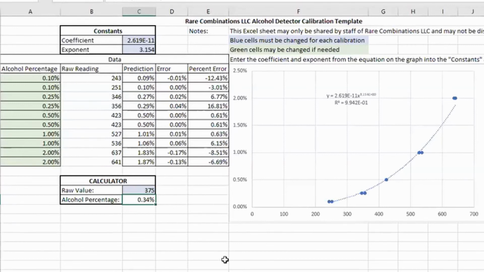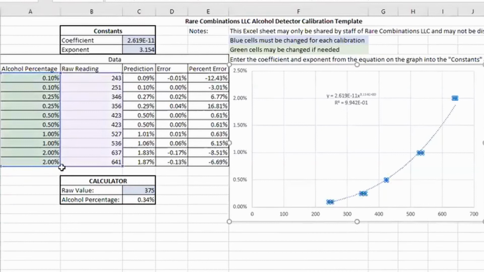This is a really, really useful thing that I've found to really drastically improve your accuracy in the lower percentages. So if I click on one of the data points, not on the line, you can see the data selection areas.